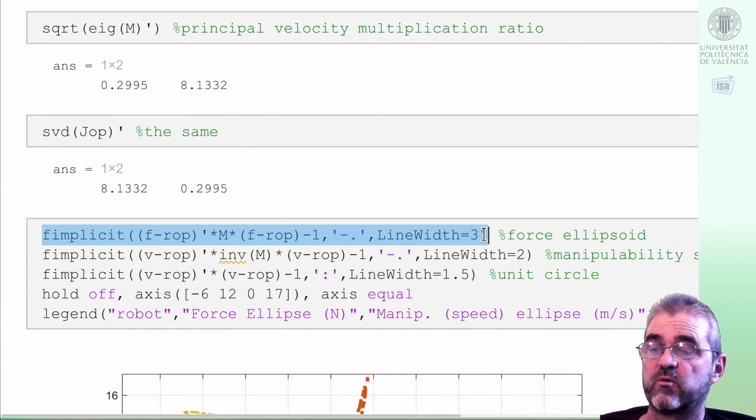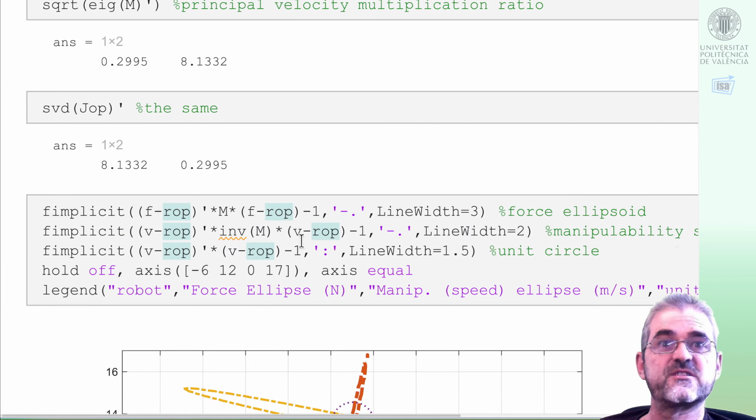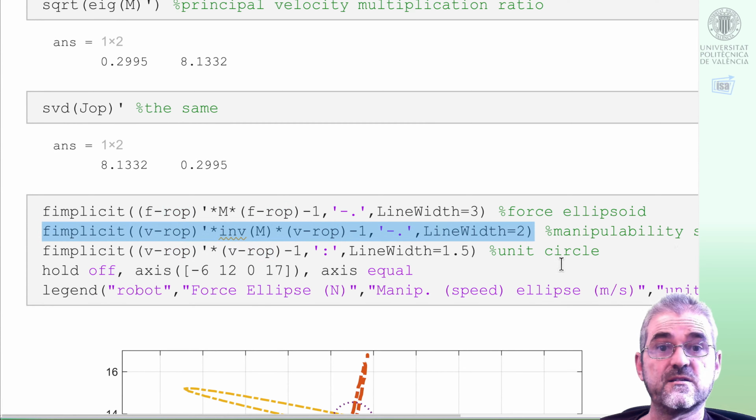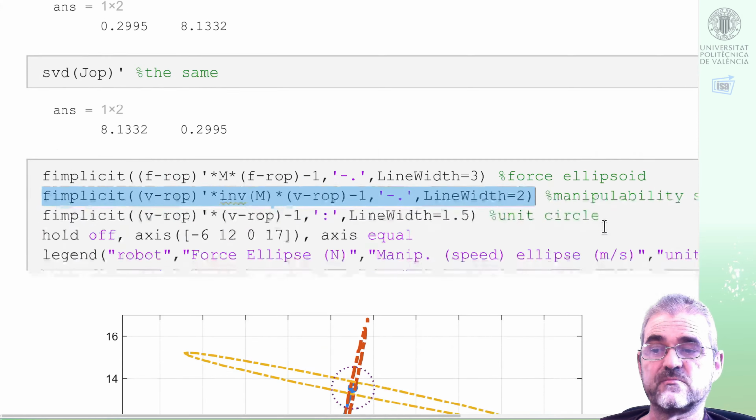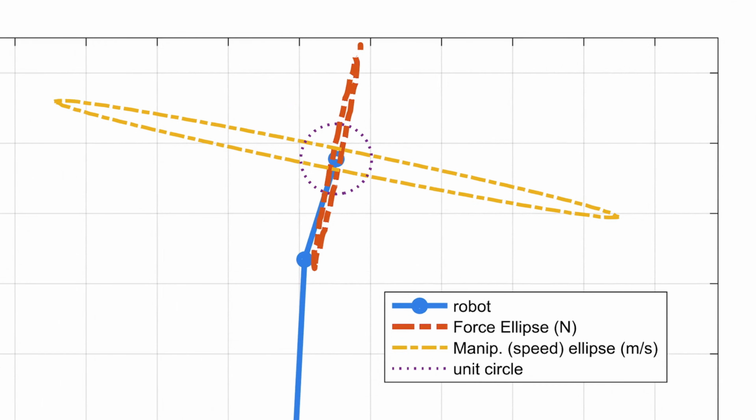So with this code I drew the force ellipsoid centered at the end effector position, just for cosmetic reasons, because force is in newtons and end effector position is in meters, but it's just to have a pretty plot. And with this, I will draw the speed manipulability ellipsoid, and I am also drawing the unit circle.